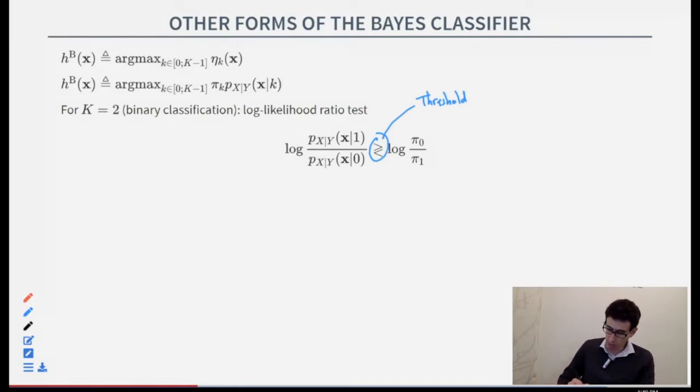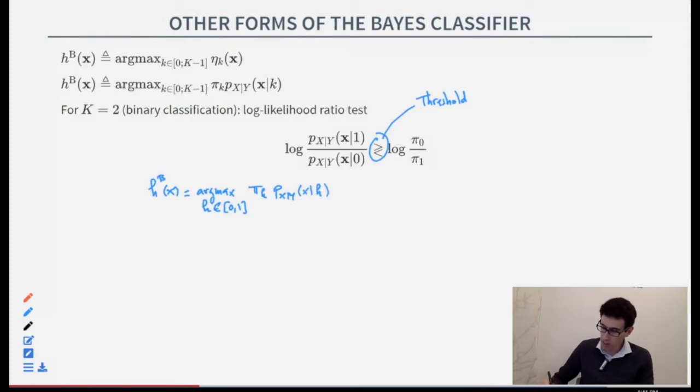So let's derive it formally so that you see what I have. What I know is that in the specific case of binary classification with the Bayes classifier, h_B(x), according to my second formulation, boils down to taking the argmax over k in {0, 1} of pi_k times p(x given y=k).